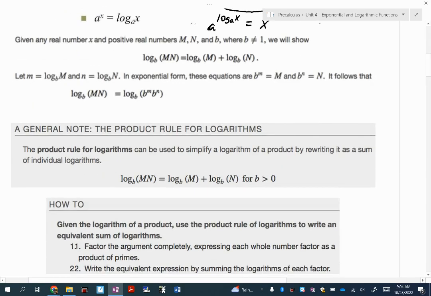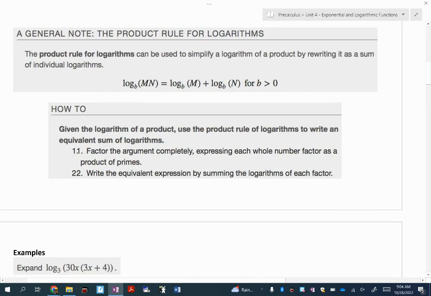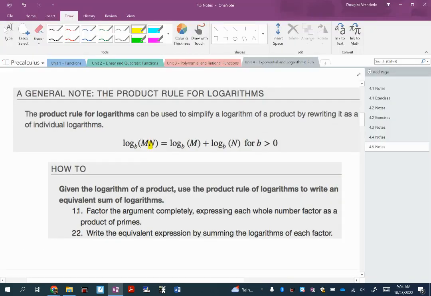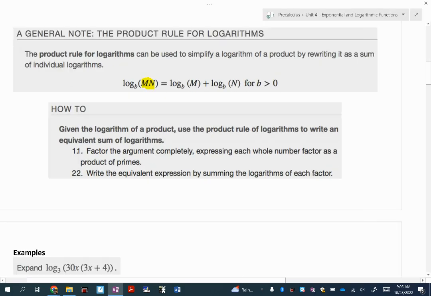Okay? All right, let's go to the product rule. The product rule says if you have a log of any base and your argument has things connected with multiplication, you can expand that with 2 logs with the same base, where each argument gets its own log connected by addition.